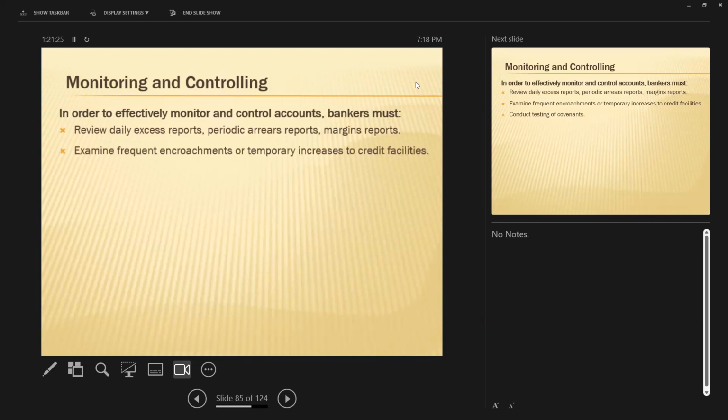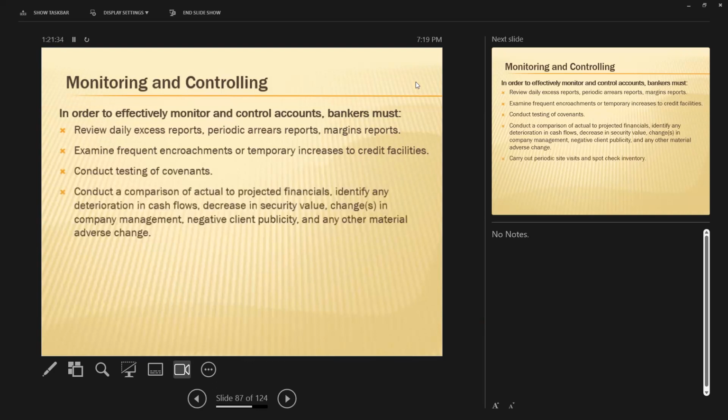Examine frequent encroachments or temporary increases to credit facilities. Conduct testing of covenants. Conduct a comparison of actual against the projected financials. Identify any deterioration in cash flows or decrease in security value. Any change or changes in company management.